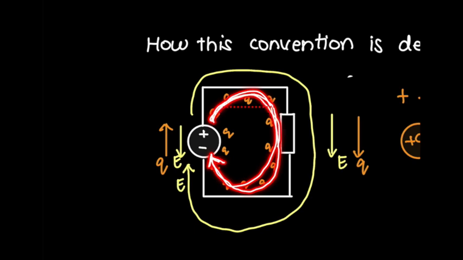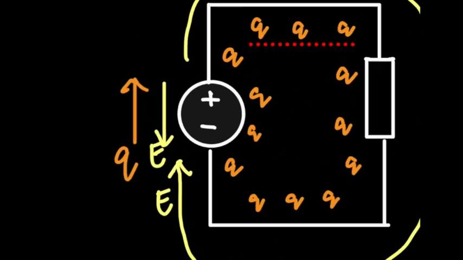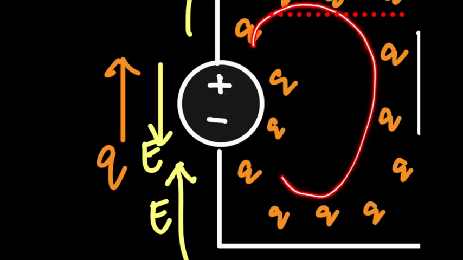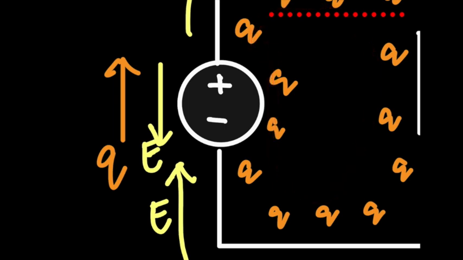But internal to the battery, I have my electric field, which is always from positive to negative. But for the flow of charges to be a complete flow, my charge has to flow from negative to positive. So this is my flow of charge and this is my electric field.